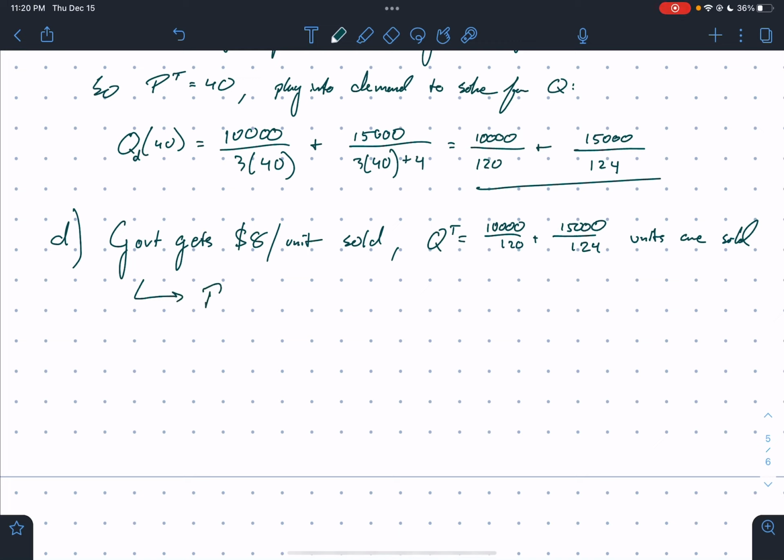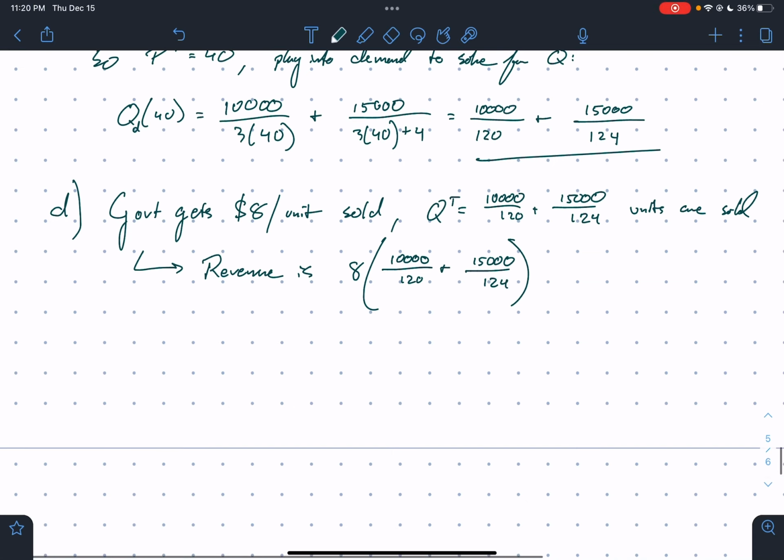So the revenue is just going to be 8 times 10,000 over 120 plus 15,000 over 124. Okay, just doing some quick maths here, we get this.